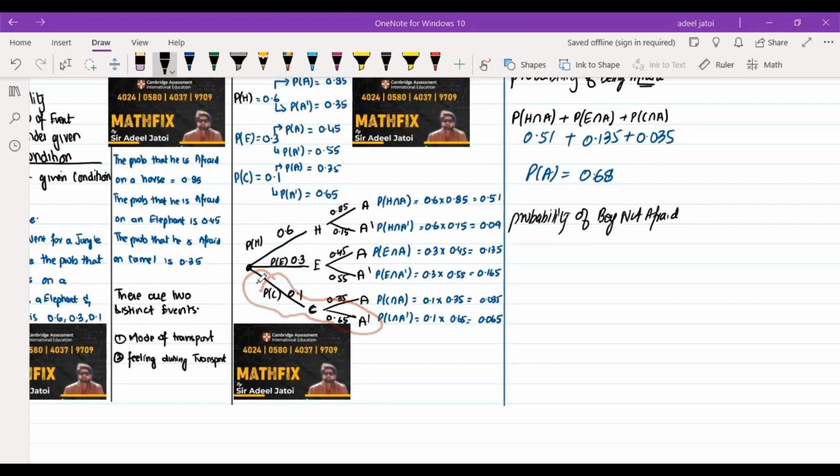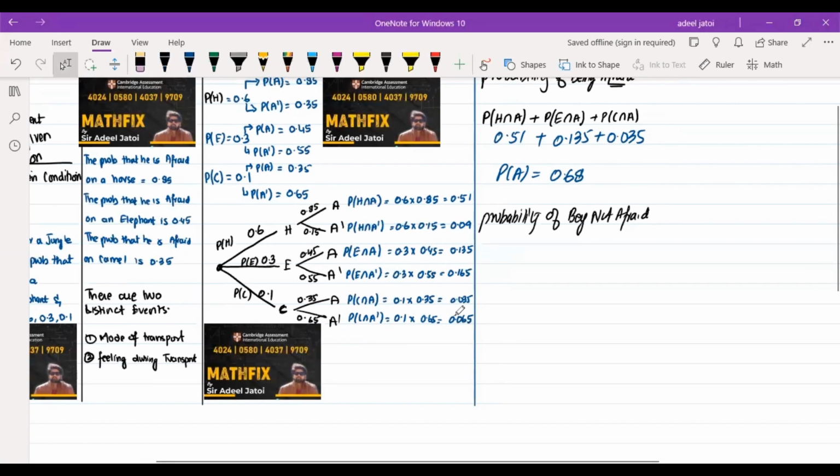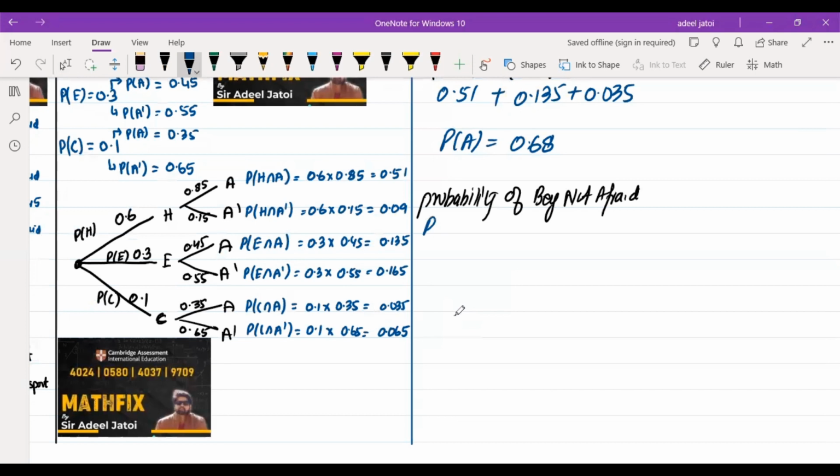That means we are talking of three different events: horse not afraid, elephant not afraid, and camel not afraid. So what we're gonna do is we're gonna have horse not afraid, then we have elephant not afraid, then we have camel and not afraid.